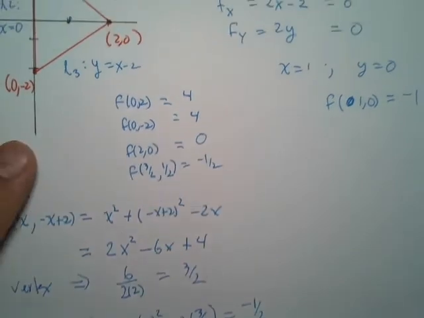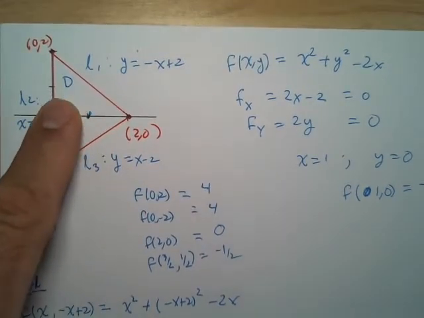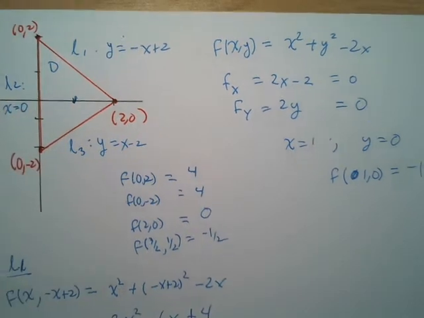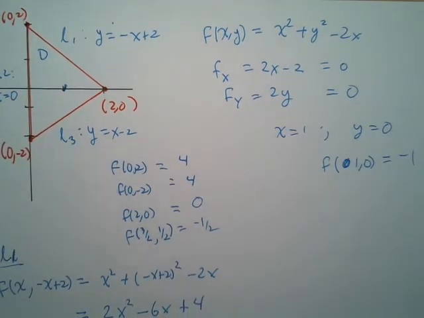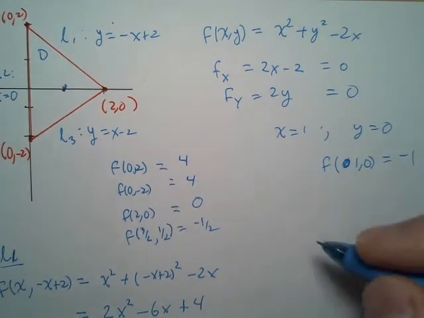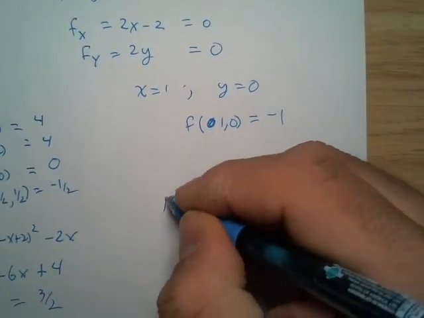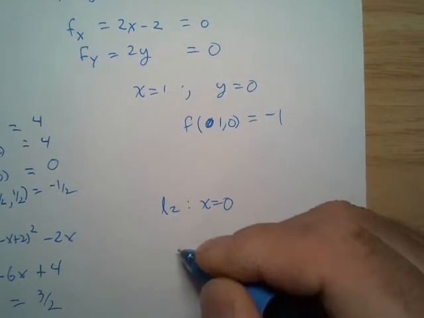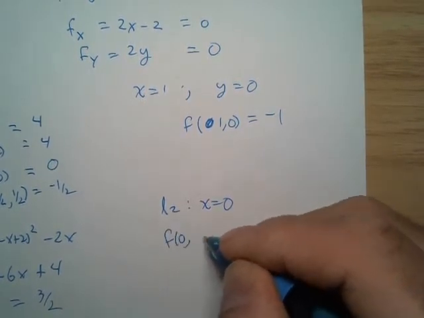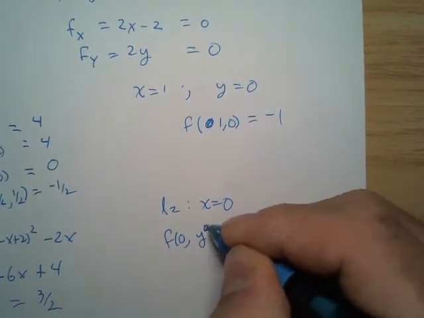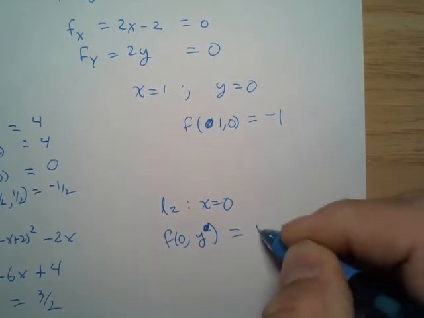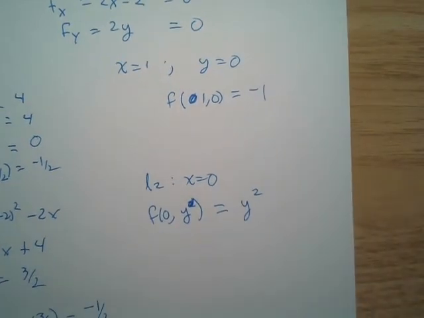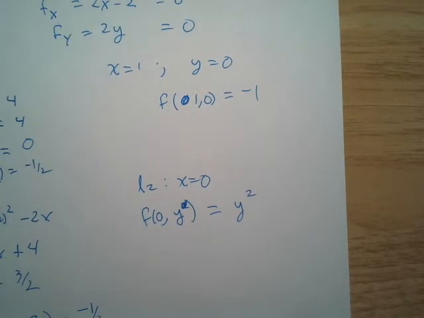So let's take our next boundary, L2, where x is 0. When x is 0, we simply get y squared. Again, that's a parabola where the vertex is at the origin.